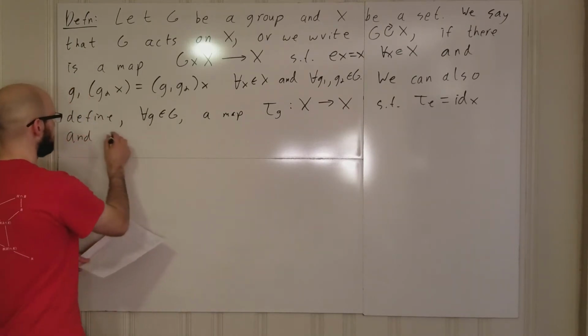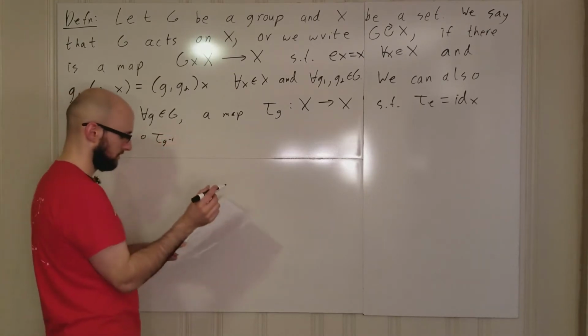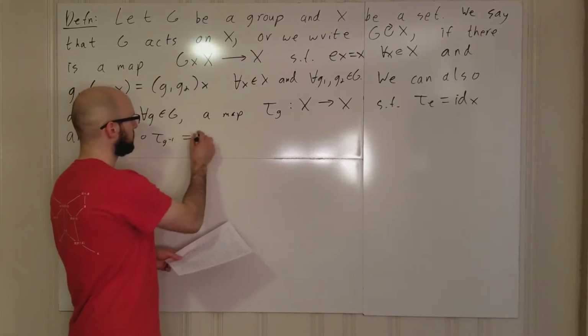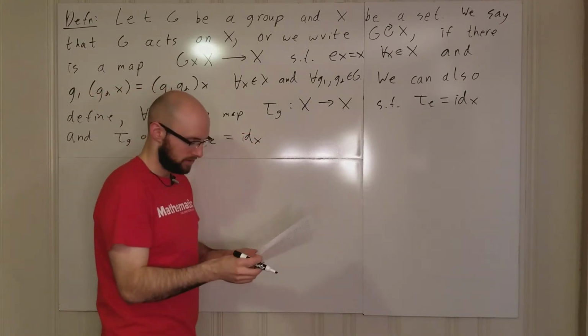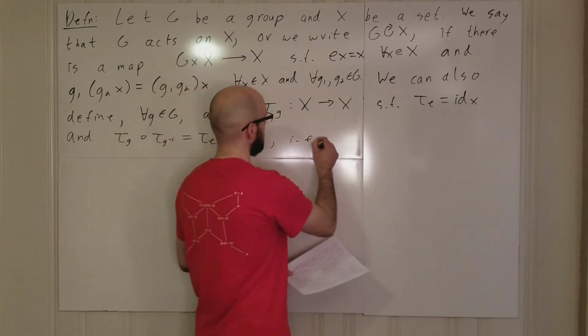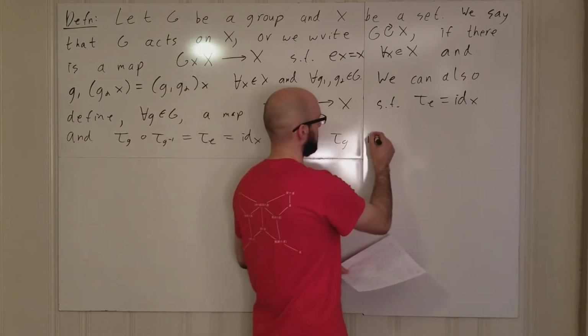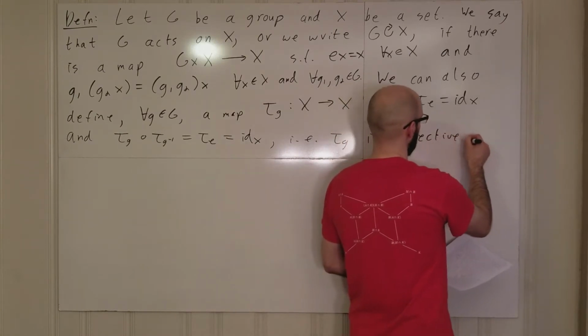Let's see, what I have written down here is tau_g of tau_g inverse equals tau_e equals the identity on X, i.e. tau_g is bijective.